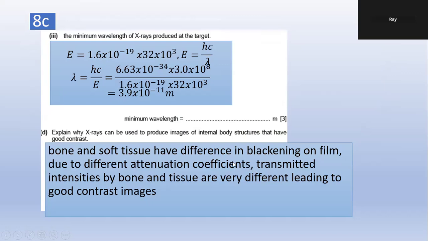Different blackening is your good contrast, therefore they absorb X-ray to very different extents. You have to use blackening to explain the good contrast. Different degree of blackening, due to why? The bone and soft tissue have different attenuation coefficients. Transmitted intensity by bone and tissue are very different, leading to good contrast images. 3 marks.